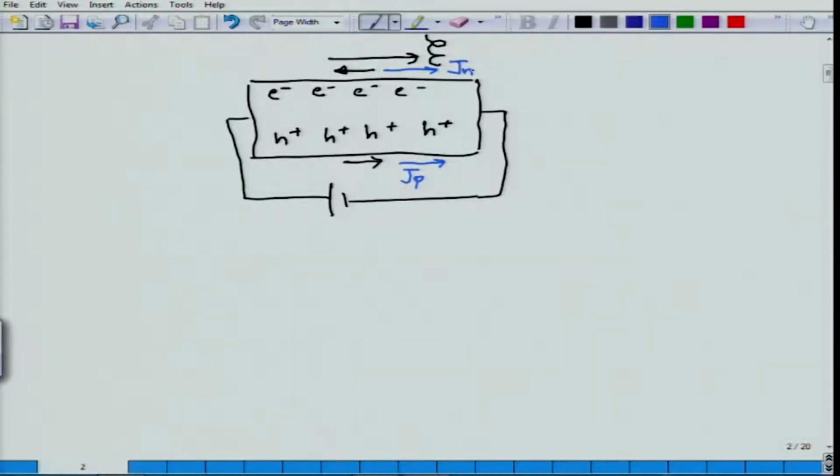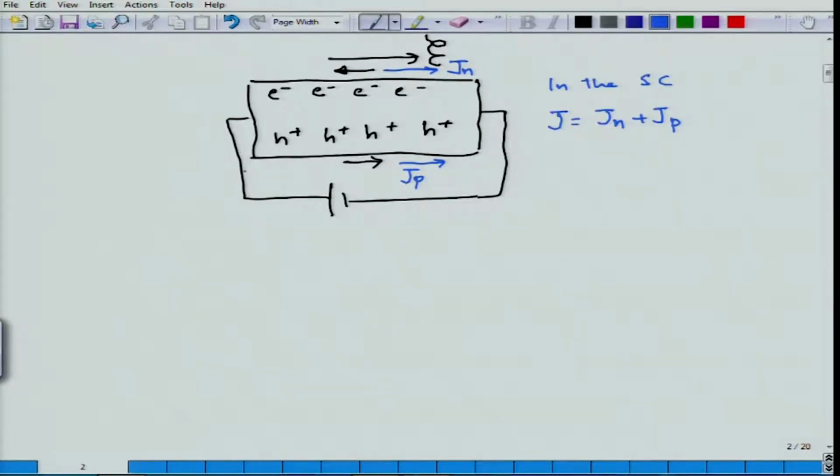So, the current due to electrons is going to be again in the same direction. So, if I am looking at the current due to applied electric field in the semiconductor, then the total current is going to be due to the holes and due to the electrons.